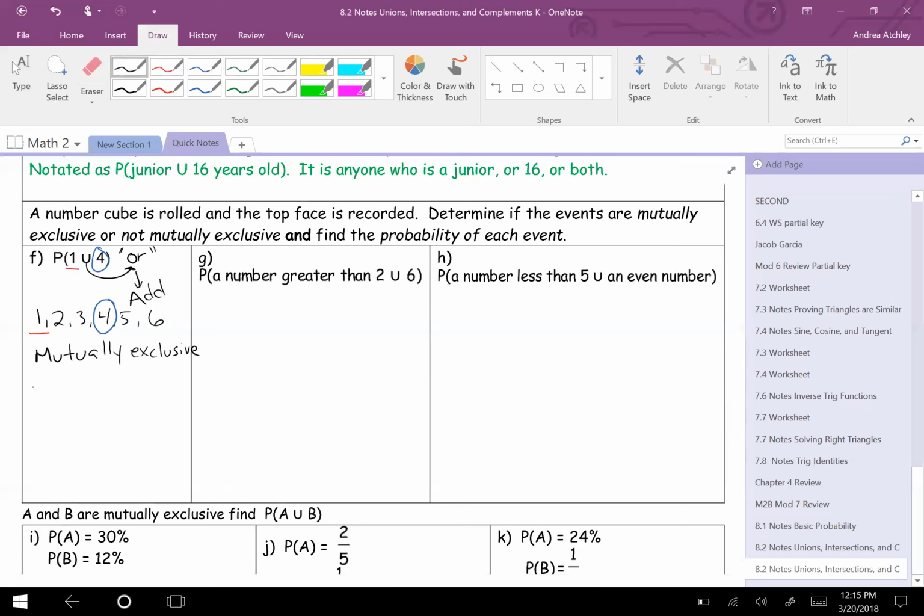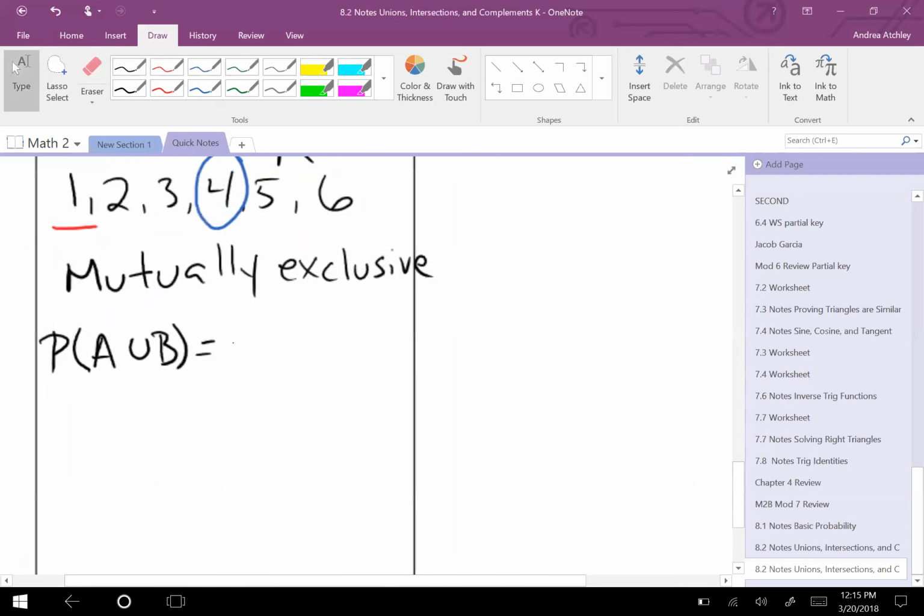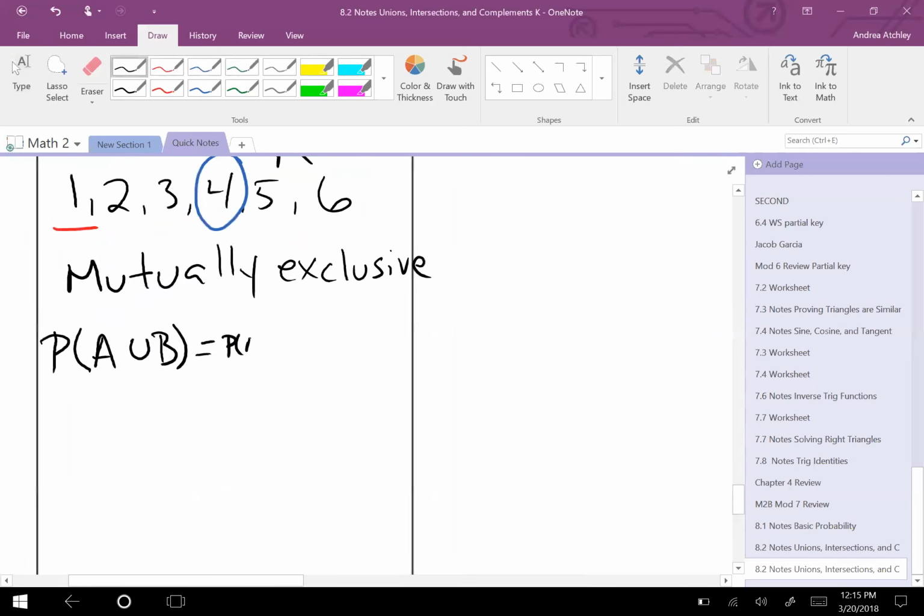So our formula would be the probability of A or B is going to equal the probability of A plus the probability of B minus any of the overlap, which would be the probability of A and B. That's your formula.